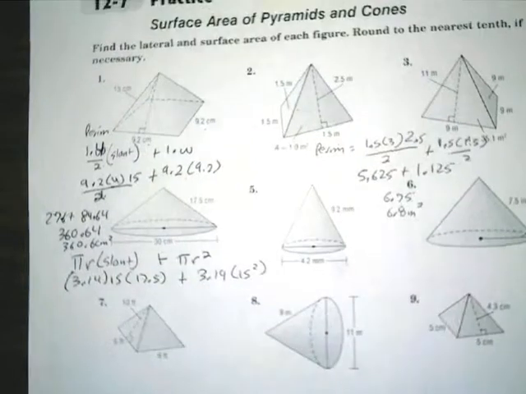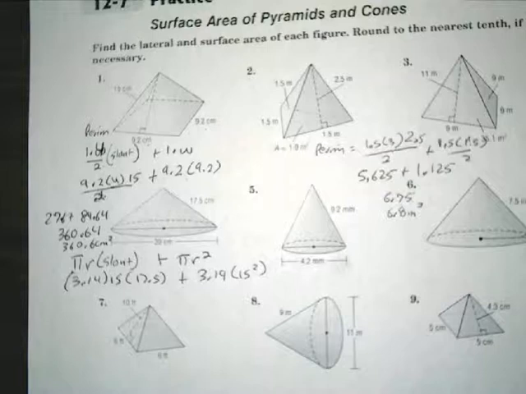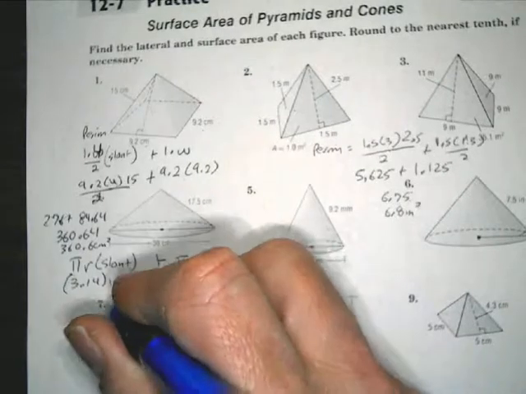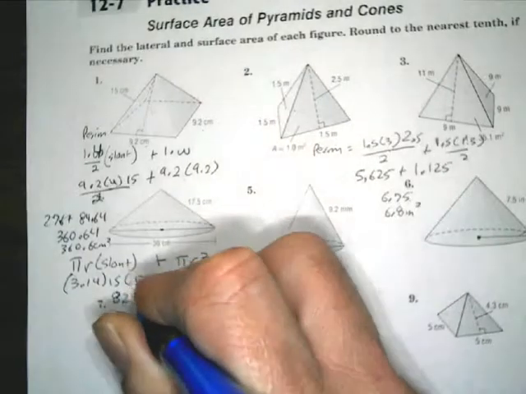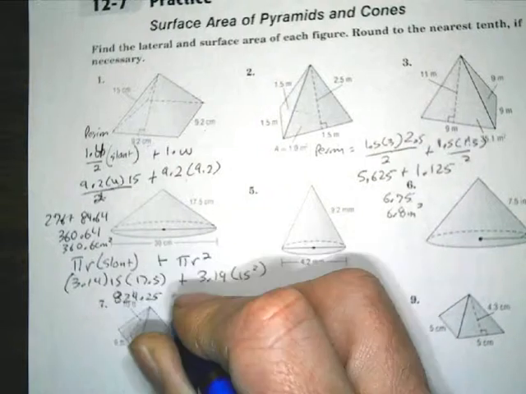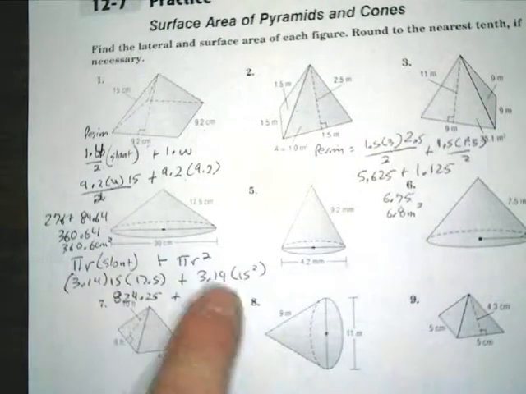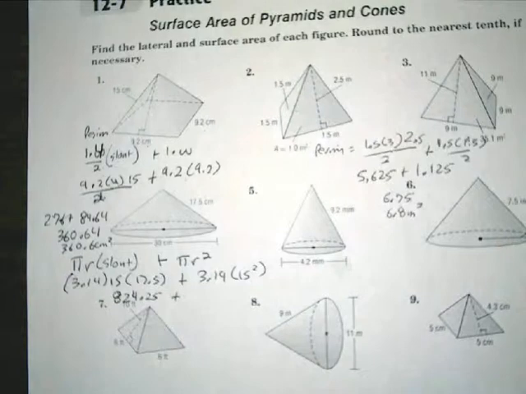The first part of the formula, we're going to have 3.14 times 15 times 17.5. Get an answer of 824.25. We're going to add that to 3.14 times 15 squared. We'll get 706.5.